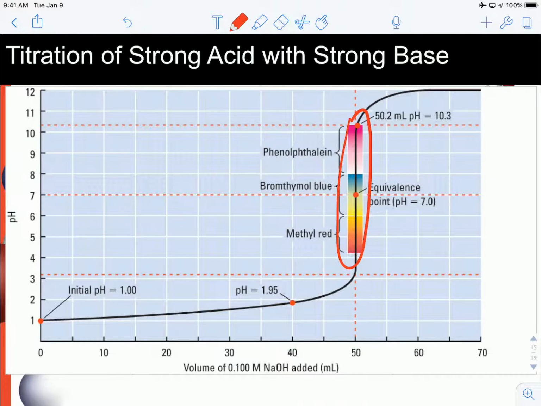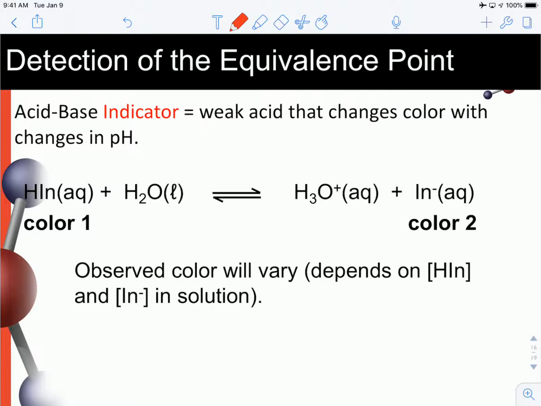They change very quickly. So in order to detect that equivalence point, ideally a pH meter could be used, but you can use the indicator that changes color, and that color change is going to take place very close to the point at which the equivalence point is reached.